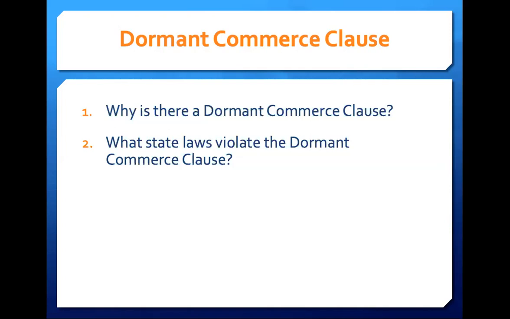Justice Jackson tells us that the state of New York can definitely regulate the milk trade and other things if they are trying to protect their citizens from things like health hazards or from fraud. But what it can't do is burden the flow of commerce for their own economic advantage.